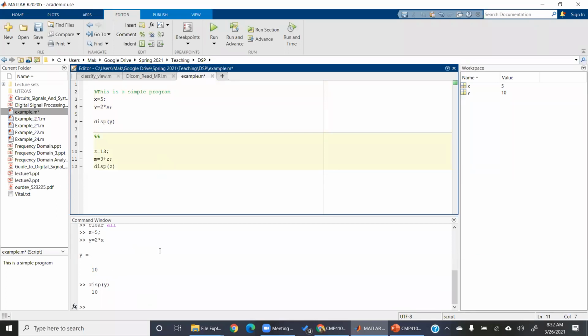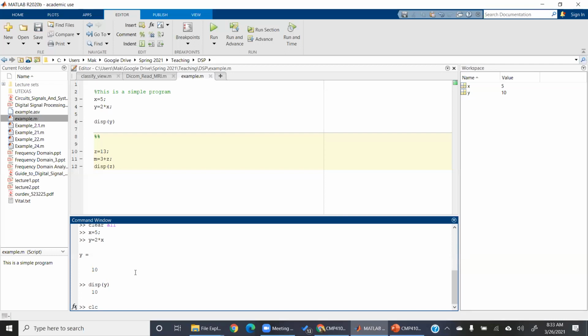So know what the workspace does, know what the command window does, and know what your editor does. Another useful command is CLC. That one clears your command window. So that is about the programming environment of Matlab. Any questions so far?